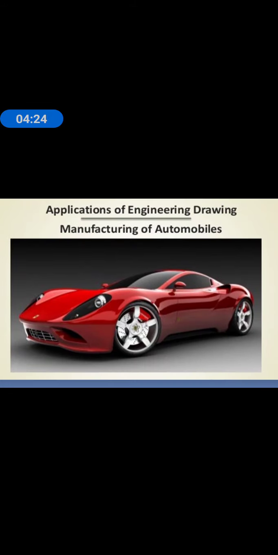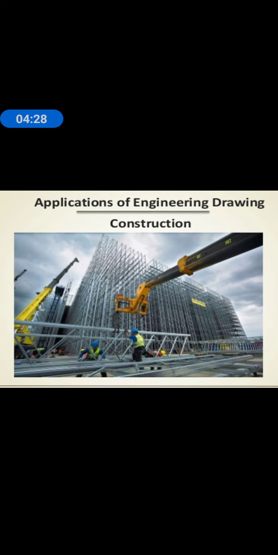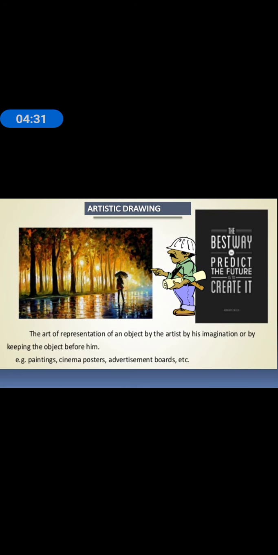Then the application of engineering drawing: there are so many applications in different areas. The production line, manufacturing line, or you can say ship, any automobile industry or any construction line, we can use the engineering drawing. In a construction line we can use AutoCAD, which basically uses drawing with the help of a computer, that is called computer aided drawing. And the second one is computer aided manufacturing.